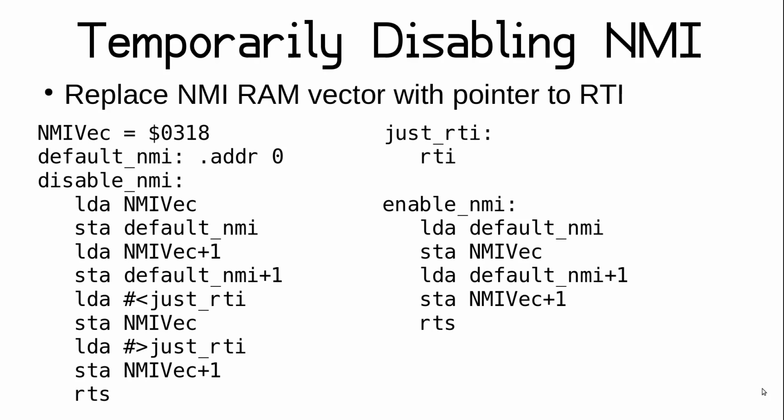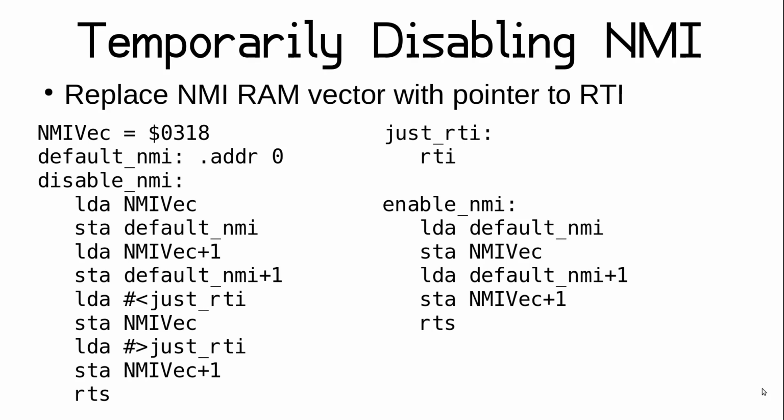We define a subroutine called disable NMI, which will copy the default address in the RAM vector to default NMI, then write the address for another subroutine called justRTI into the NMI RAM vector. With the new vector in place and the old one stored for safekeeping, we can return.